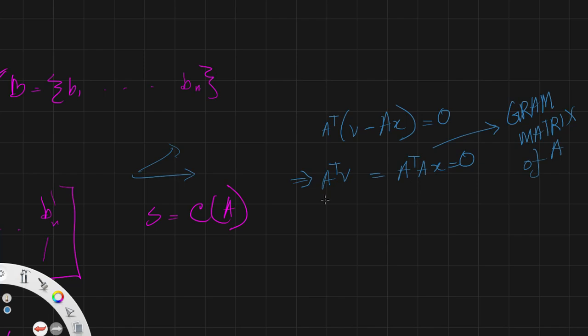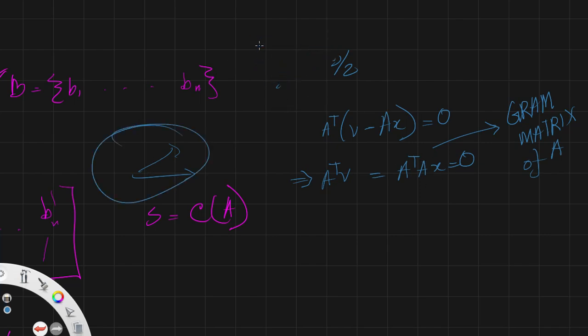Just like if we have 2x equal to y, we can write x equal to y divided by 2 because 2 is a number. That's what we did when we were doing this kind of projection. But this is a matrix, we cannot just divide it.